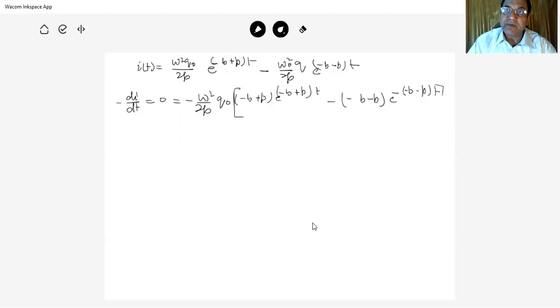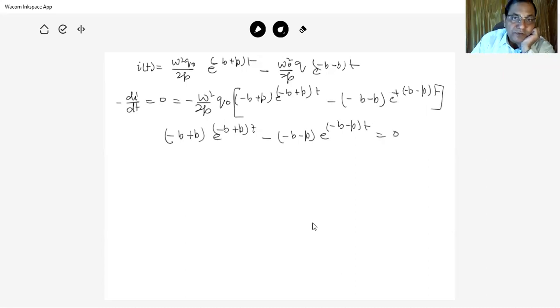This part is common, so this is 0. So this will be minus (B plus P) e raised to the power minus (B plus P) of T minus (B minus P) e raised to the power minus (B minus P) of T is equal to 0.